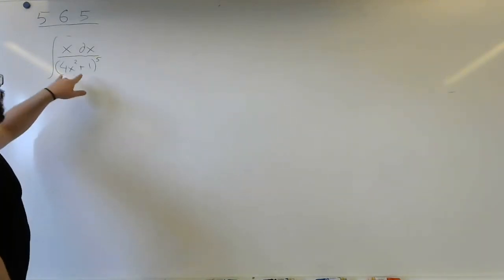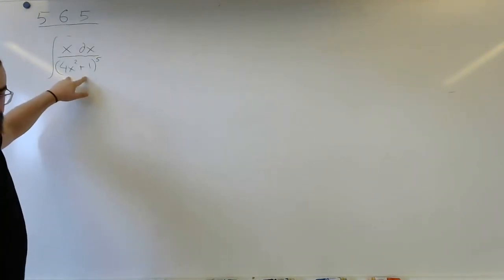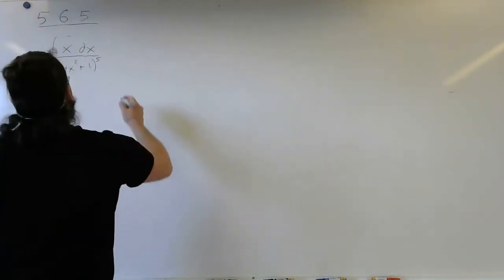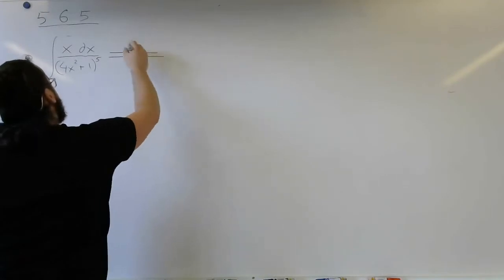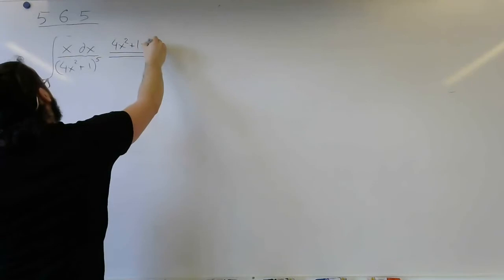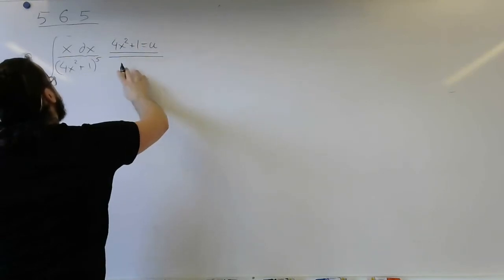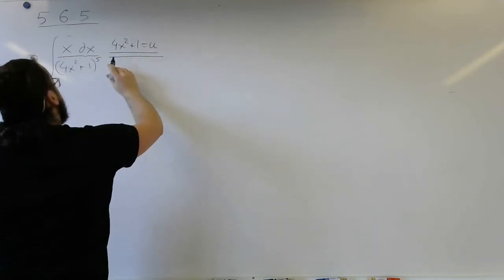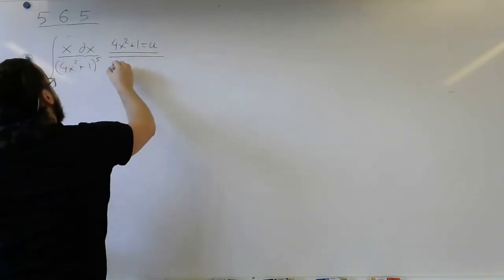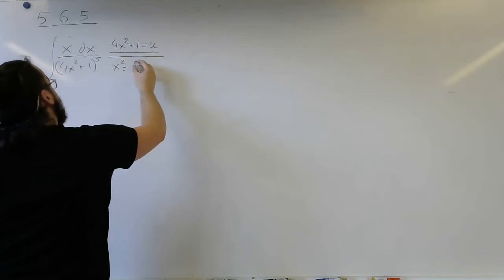Our idea here may be to think 4x squared plus 1 equals u, and we can definitely try that. And from here we have x squared is u minus 1 over 4.